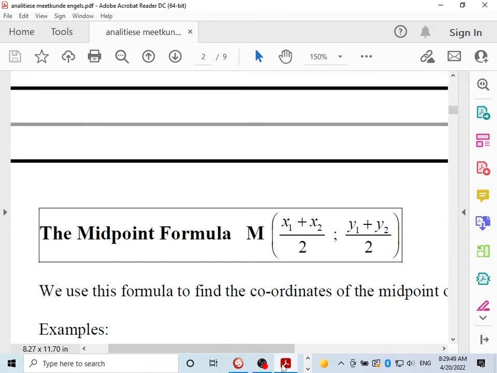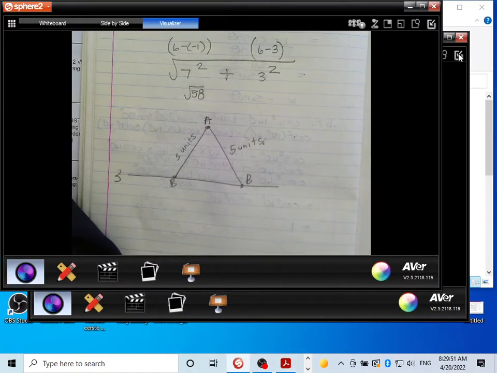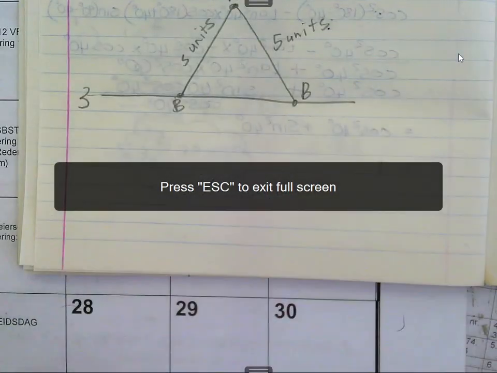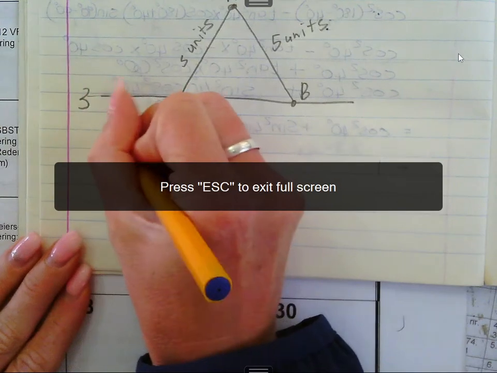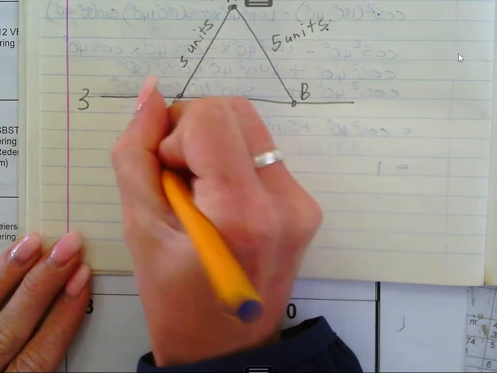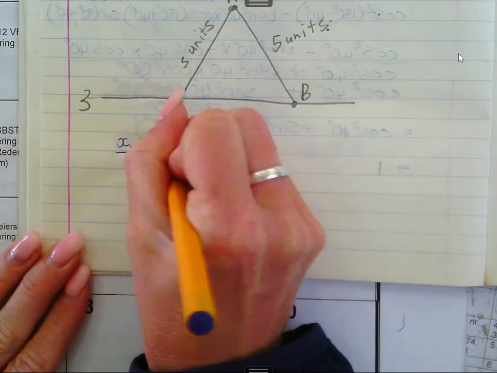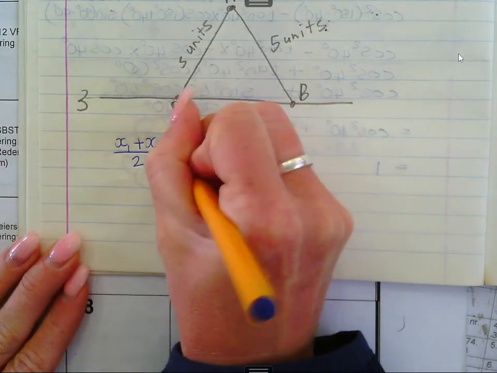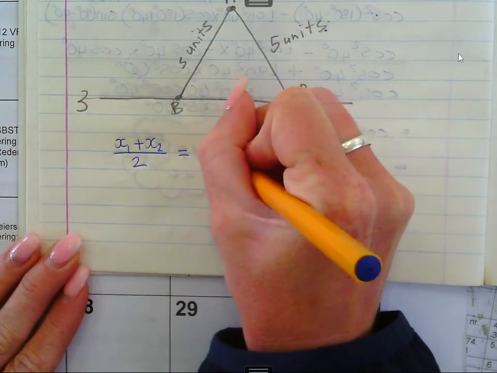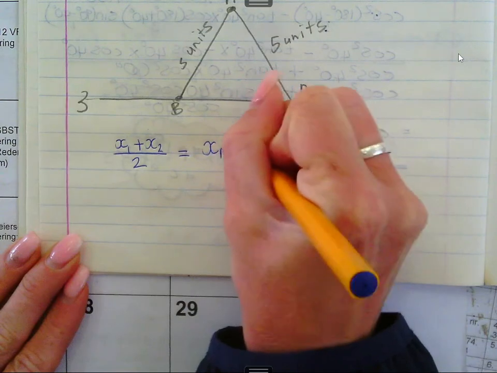So next to where you wrote this, I want you to also write down: x1 plus x2 divided by 2 is the x midpoint.